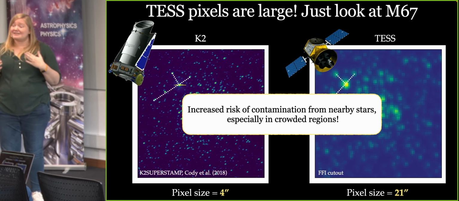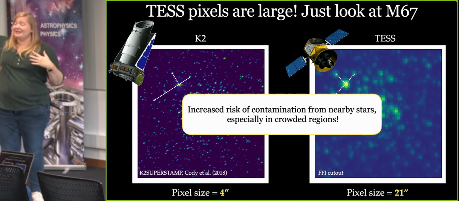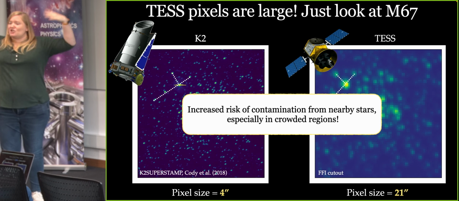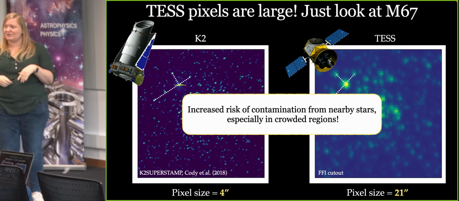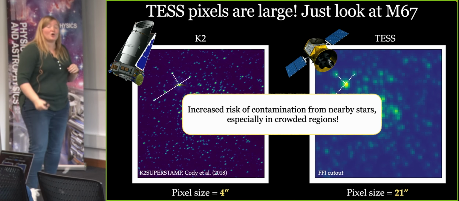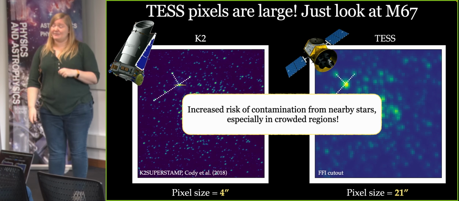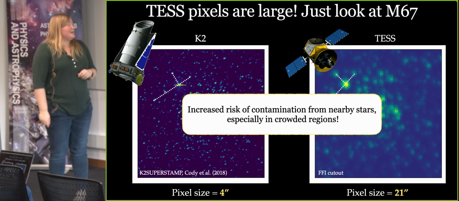So there's a risk that you have a star nearby that is showing signals from a variety of sources that might bleed into the pixels that we're interested in observing for these stars, or you have multiple stars in the same pixel as well.